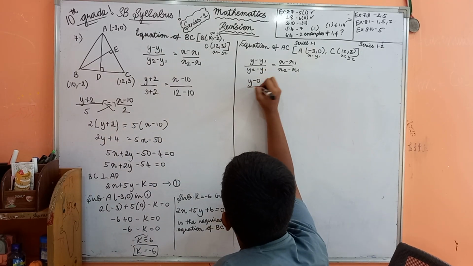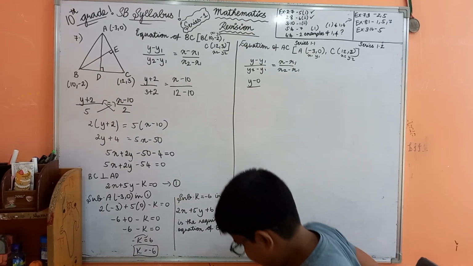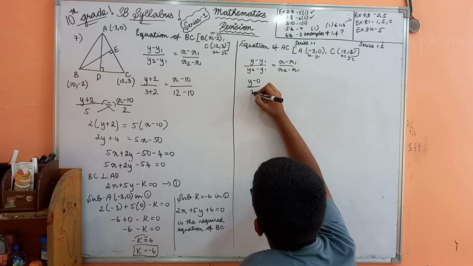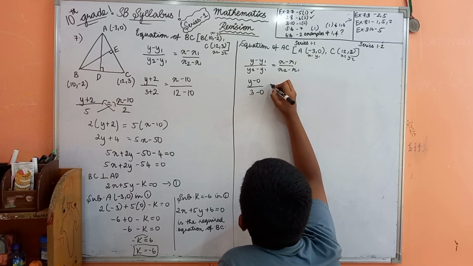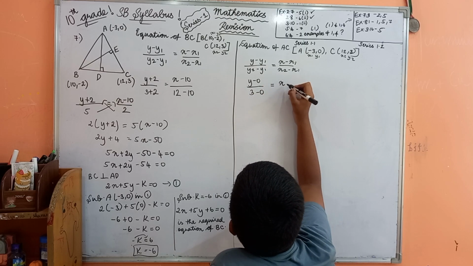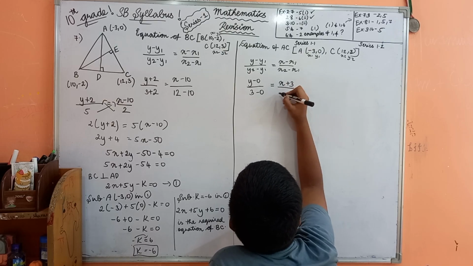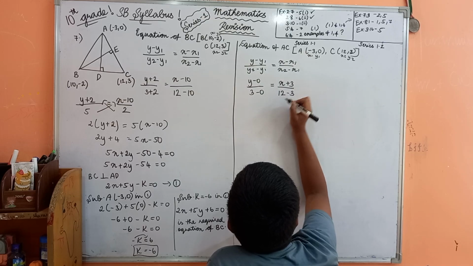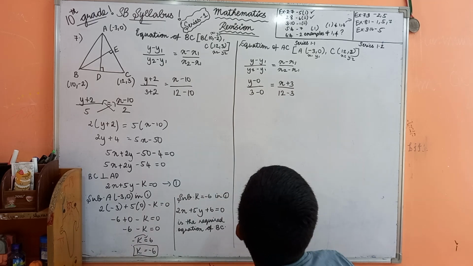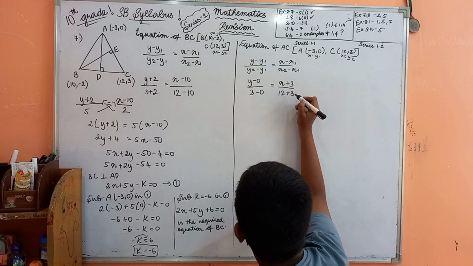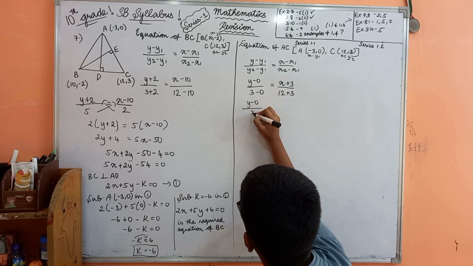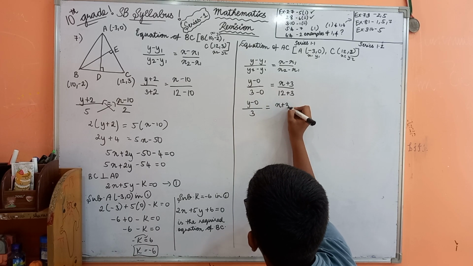So y minus 0 by y2, what is y2? y2 is 3. So y minus 0 by 3 minus 0 is equal to x minus x1, that is x plus 3, by x2 minus x1, which is 12 minus (-3), so 15.